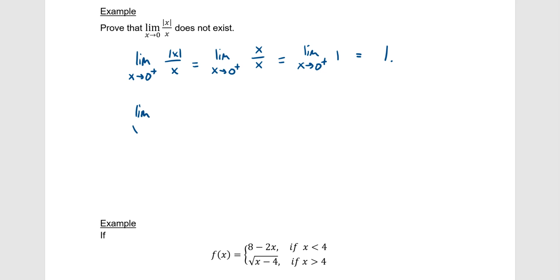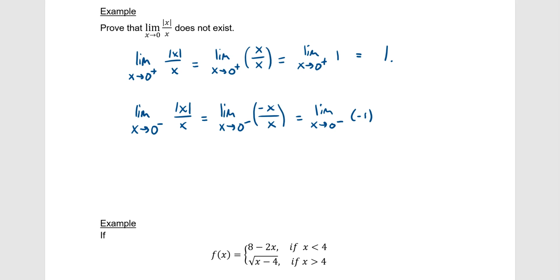So now let's go ahead and do the limit as we approach from the left. And just like last time, if we are approaching from the left of 0, that's negative numbers, we can replace the absolute value with negative x. And that ends up being negative x over x, and that's a limit of a constant, so we get negative 1.